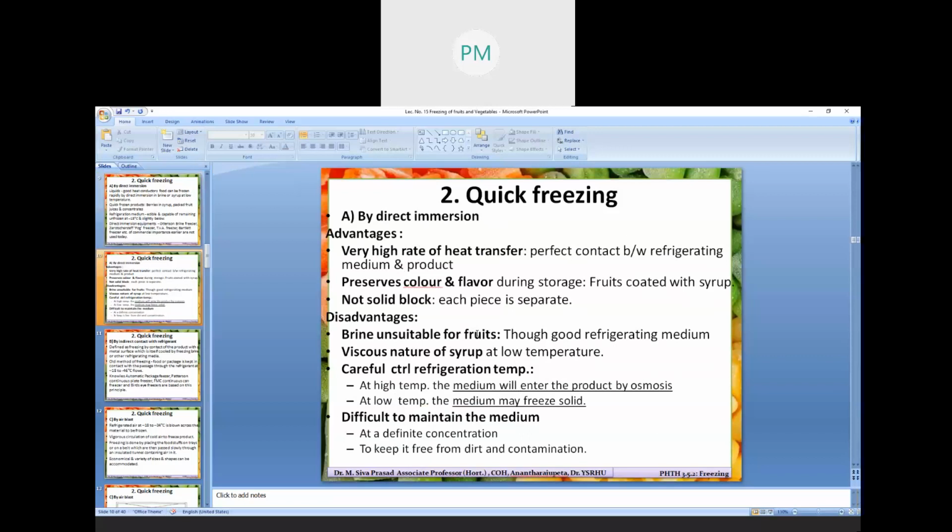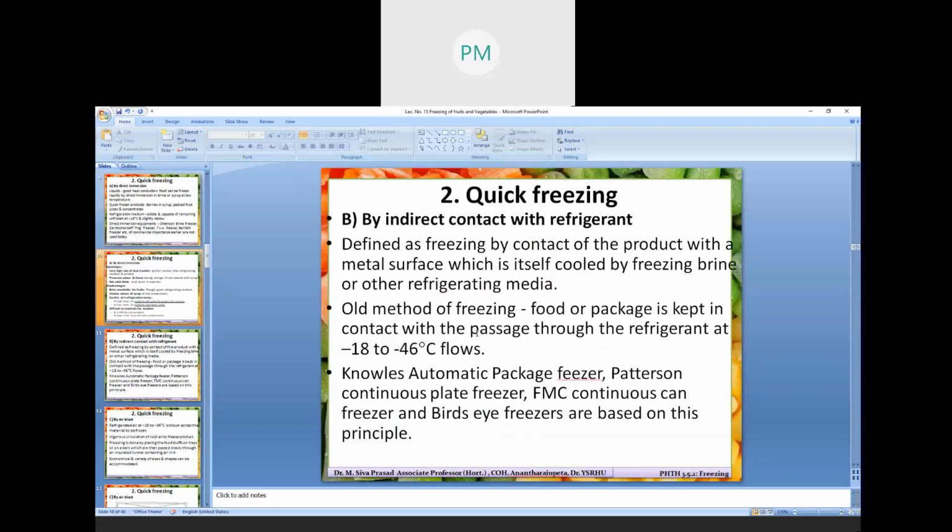In the case of indirect immersion, you don't use an edible substance; ammonia, chlorofluorocarbons or freon can be used as a refrigerant for freezing the substance.